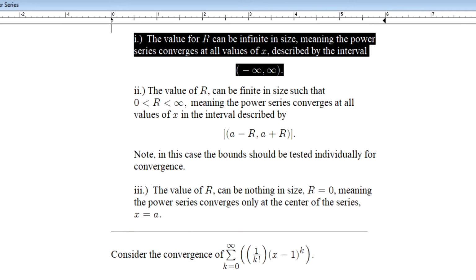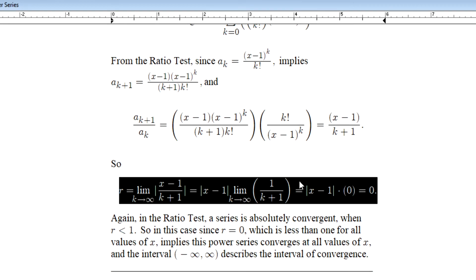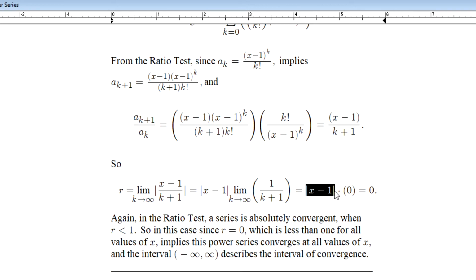That came about from considering our value of r in the ratio test and seeing that regardless of what x is, r will always equal the value of 0, because this limit here is always equal to 0. And in the ratio test, if r is less than 1, you have the case for convergence, and r is always equal to 0, so it doesn't matter what x is. r will always be less than 1, and you will see convergence at all values of x, which is along this entire interval, folks.